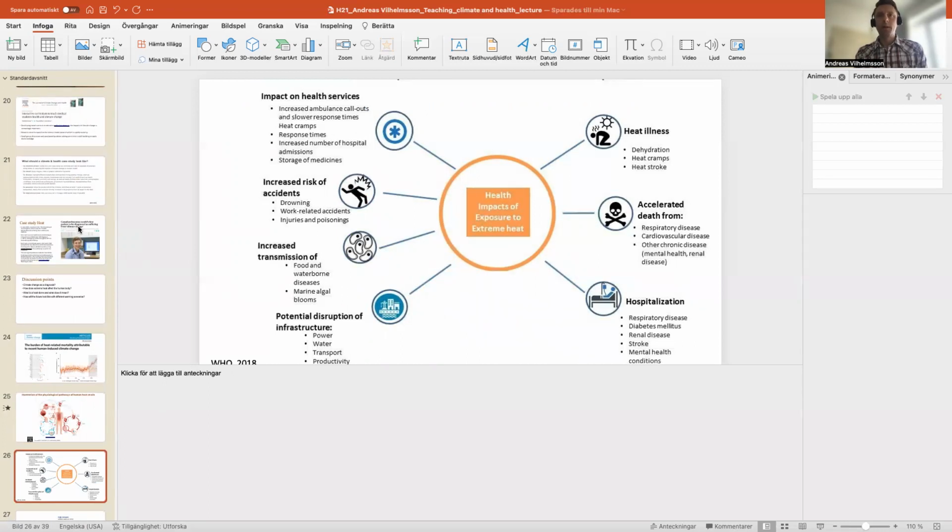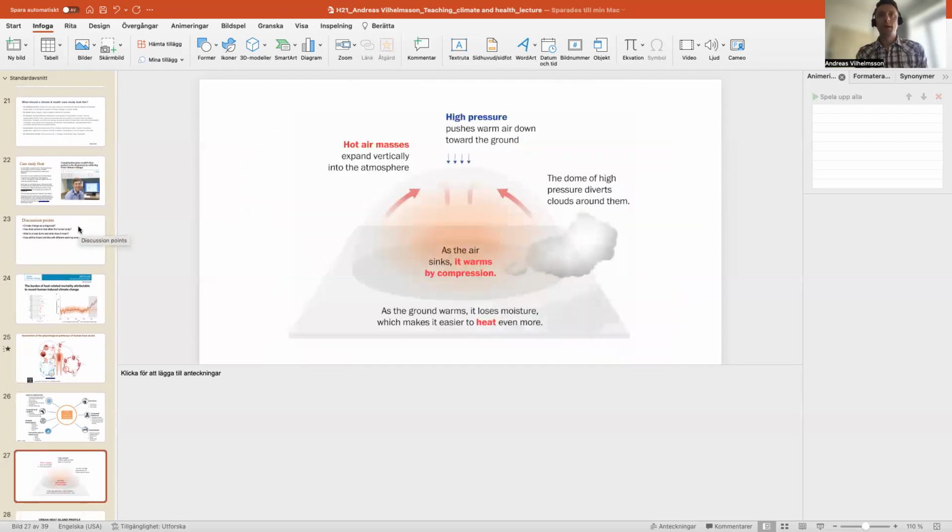So exposure to heat has very many levels of how it will affect us. And this is the heat dome effect. We also had this kind of event here in Sweden in 2018, and there is some argument that maybe this will happen here as well this summer.